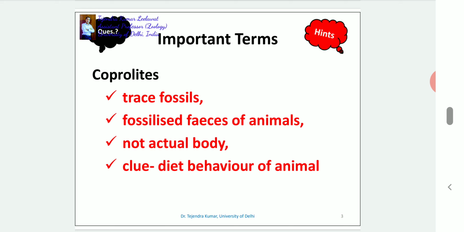Can you imagine? Because these are fecal matter, it means they contain undigested food. So they also contain some material which gives us information about what they ate.